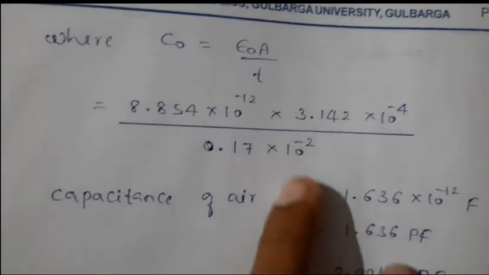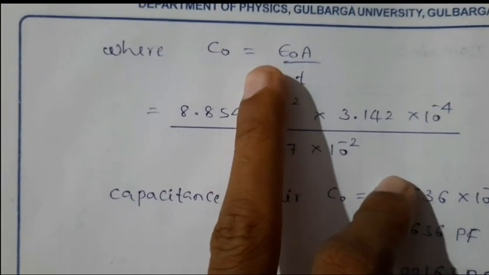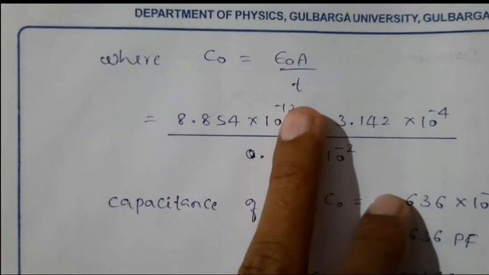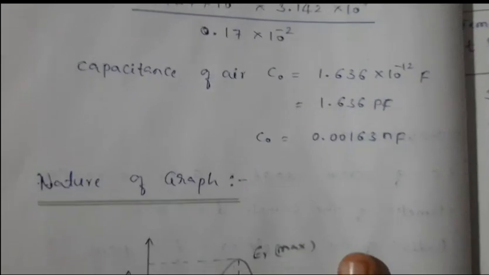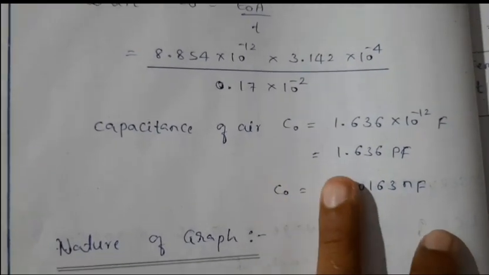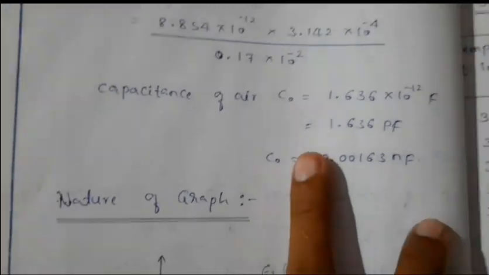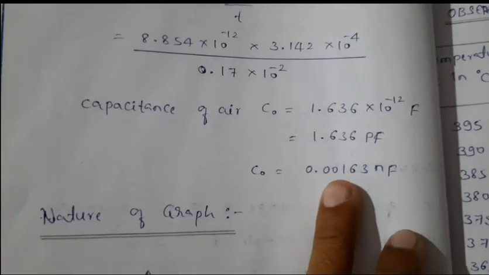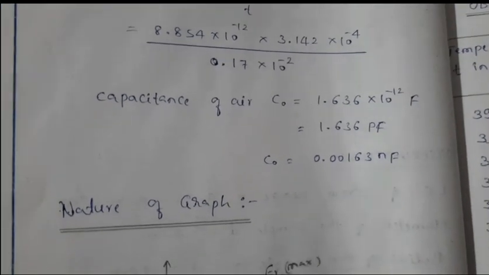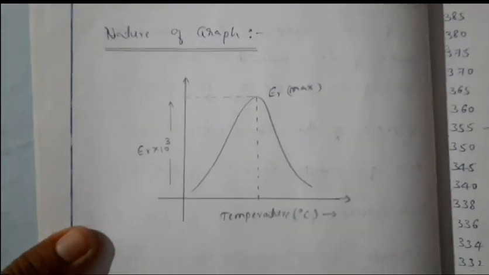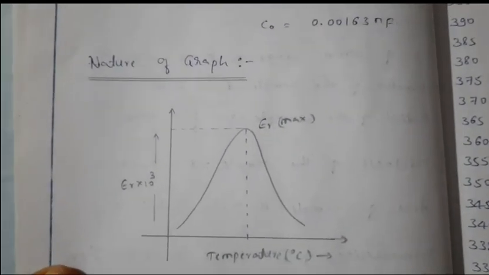C naught, from that equation, is epsilon naught A by t. If you substitute all the values here, you will get the capacitance of air or free space, that is 0.00163 nanofarad.